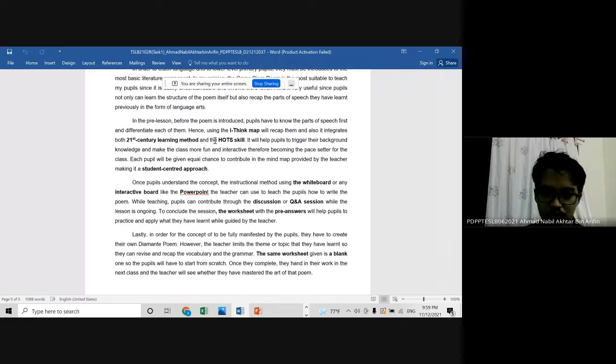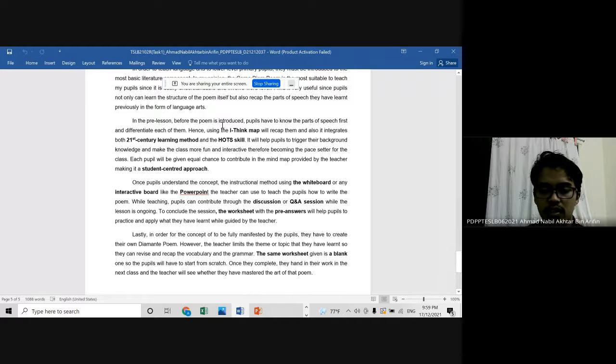So here you can see, as you know, the mind map is one of the elements in which 21st century learning is embedded, and it also helps the higher order thinking skills of the student since they think out of the box.